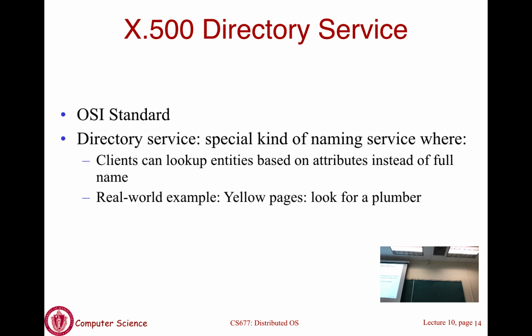So, that is the standard DNS-like lookup, or you can say give me all users that have this last name, do not specify the first name, and you will get multiple entries. Right. You can't do any of these kinds of lookups using DNS, but x.500 and its variants allow you to do these more general purpose lookups. So, those name services can be used for a lot more than just mapping machine names to their IP addresses.